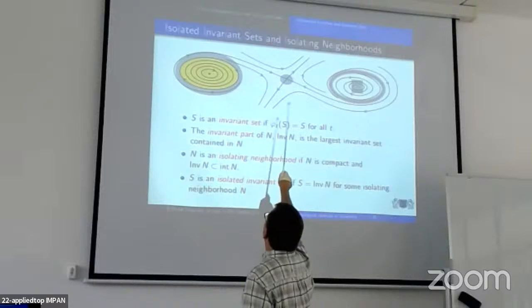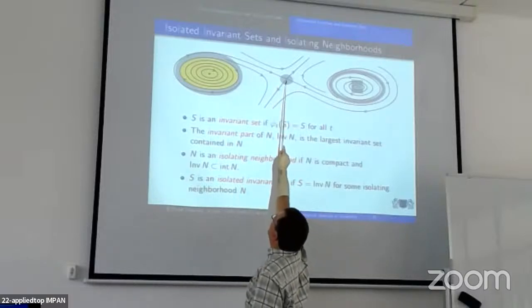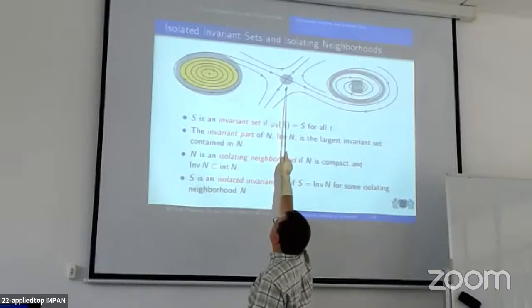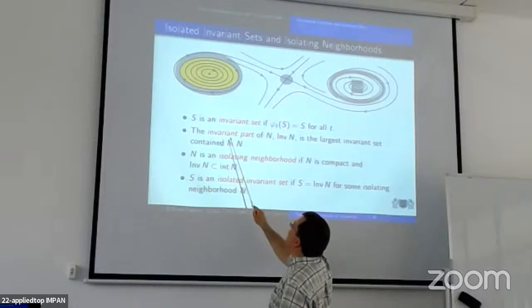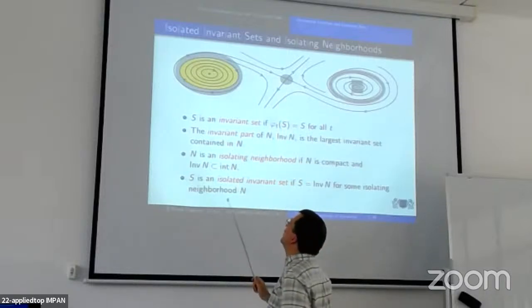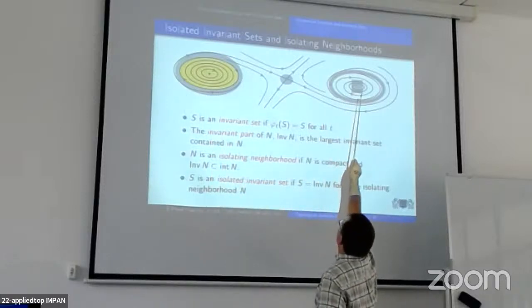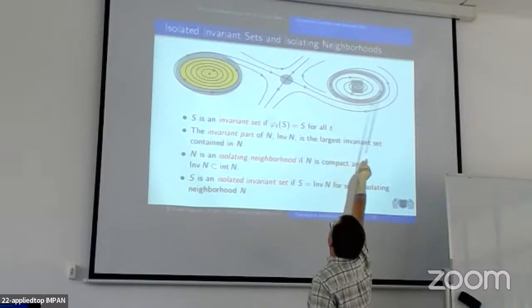If we look at this round set here, every trajectory leaves this set in forward or in backward time, except for this point. So the invariant part of this disk will be just this single point. Here we have a larger invariant part. Here we also have one point, and here we have an entire looping trajectory, a periodic orbit.